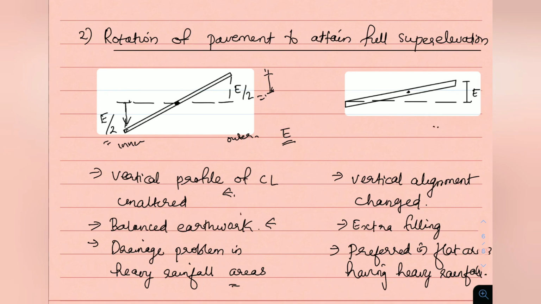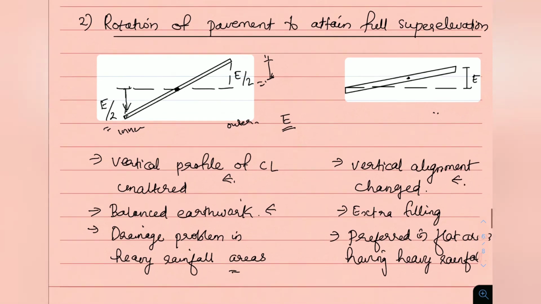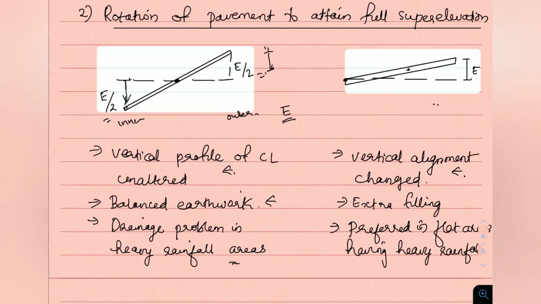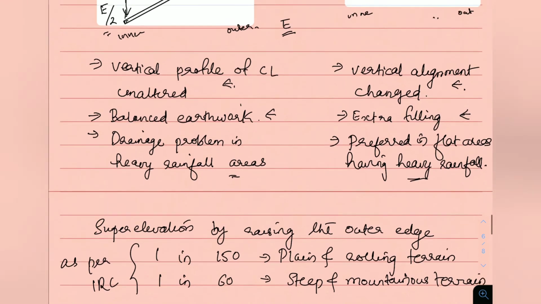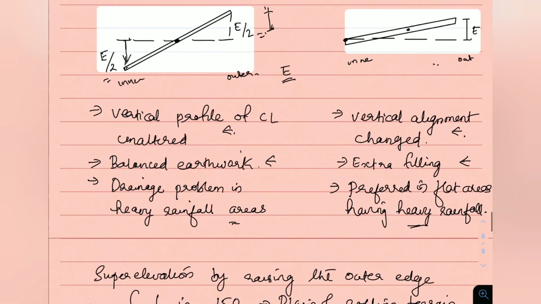Here the vertical alignment is changed, and there will be extra filling, because the outer portion is raised with respect to the inner portion by a maximum value of capital E. So we have to provide extra filling, and the central portion is also high here. It is preferred for flat areas having heavy rainfall because it is easy to remove the excess water.